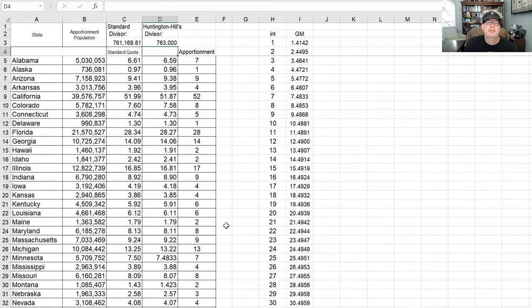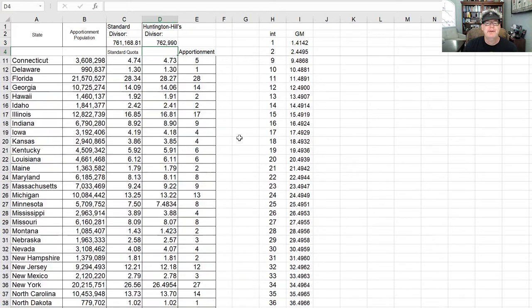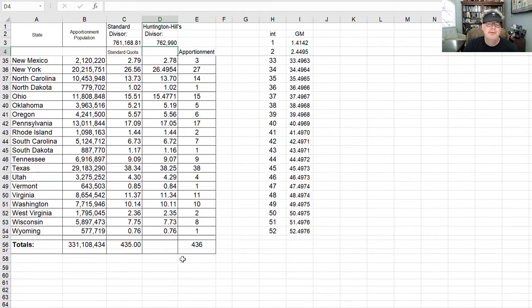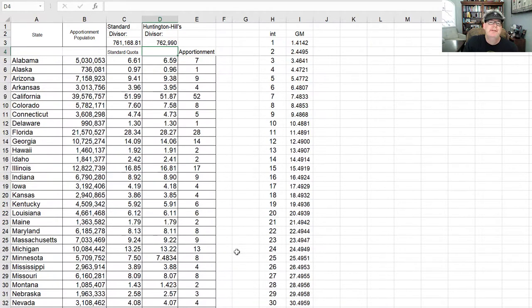So you have to go smaller, and I know this one's actually pretty sensitive, so I'm going to go 762,990, which is pretty close. So that's almost at 763. But now it's too much.